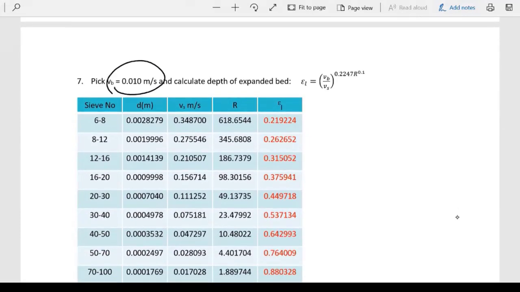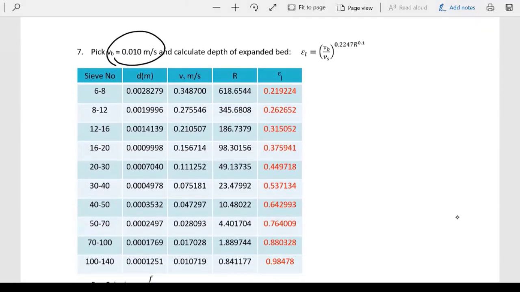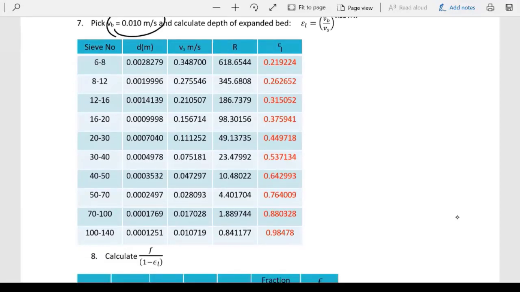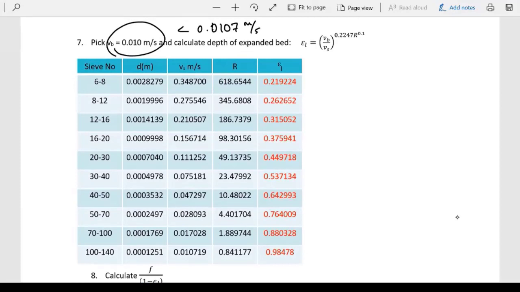So what we need to do is pick a bed wash velocity. And as I said, this has to be less than that 0.0107 meters per second, the terminal settling velocity of the smallest particles. What we will then do is calculate the bed porosity, the expanded bed porosity for each particle size.